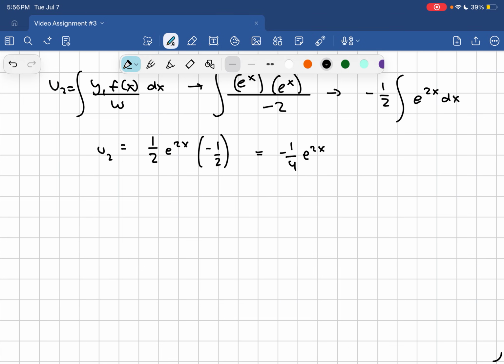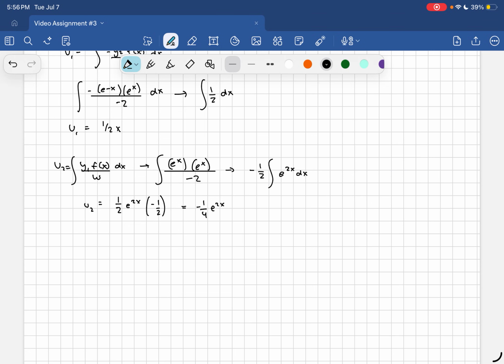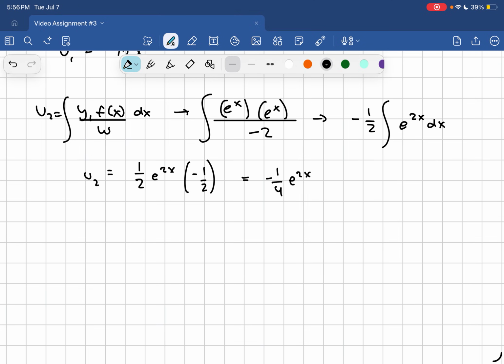So now we have solved for both u1 and u2. From here, we just want to put it into the formula that's given for the particular non-homogeneous solution, which is yp equals u1 times y1 plus u2 times y2.